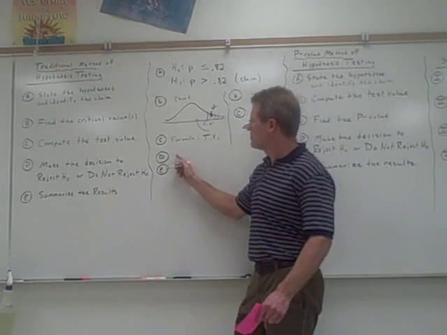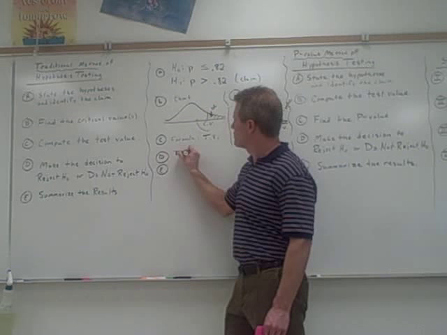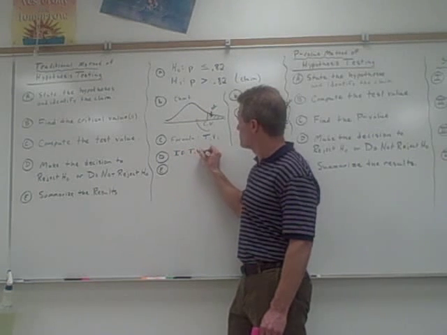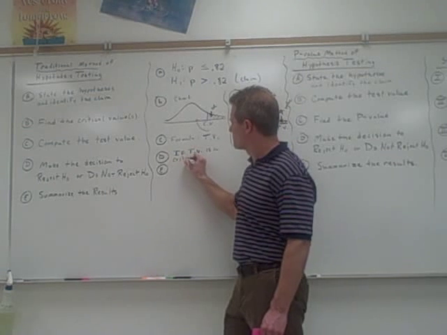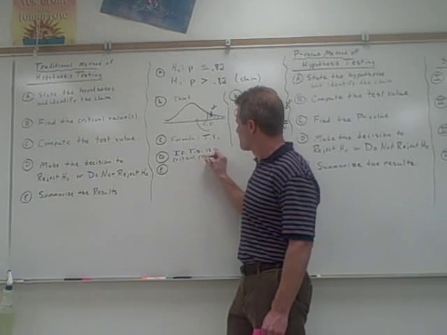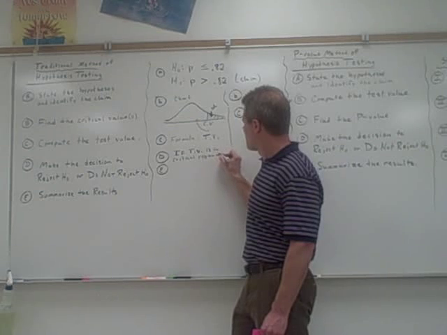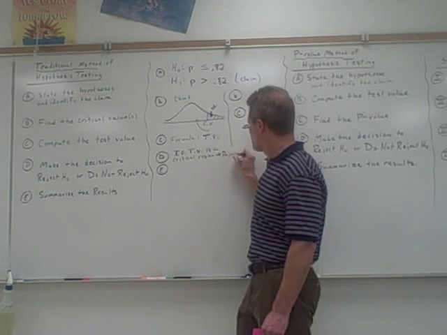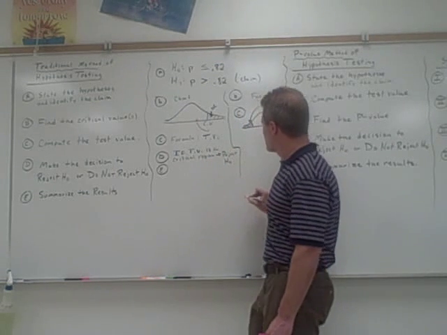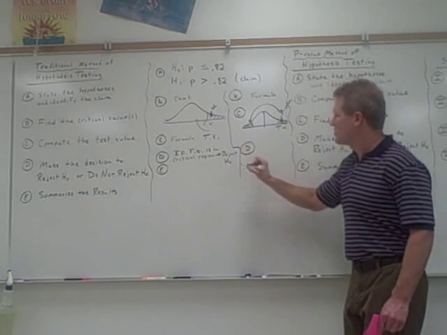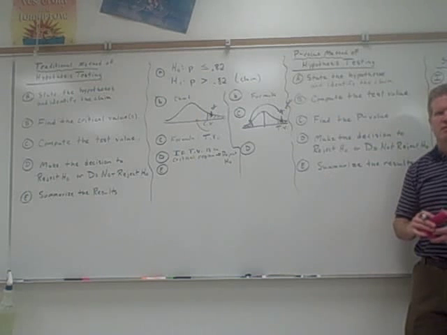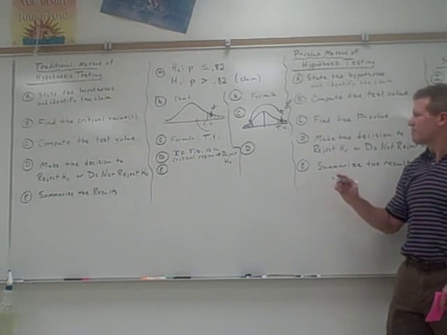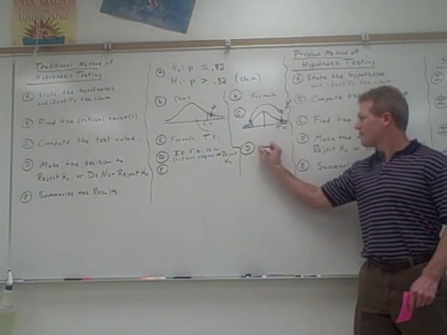So here on step D, if the test value is in the critical region, you reject the null. That's not how you decide over here. Step D in the p-value method, how do you know when to reject? If the p-value is less than alpha. Right.